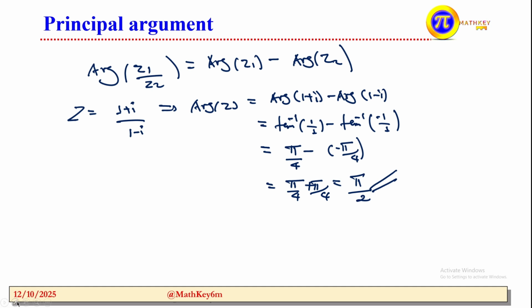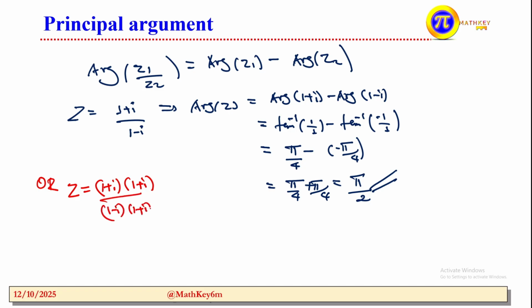Or the other option, you can simplify it. That means z is equal to 1 plus i divided by 1 minus i, times 1 plus i.